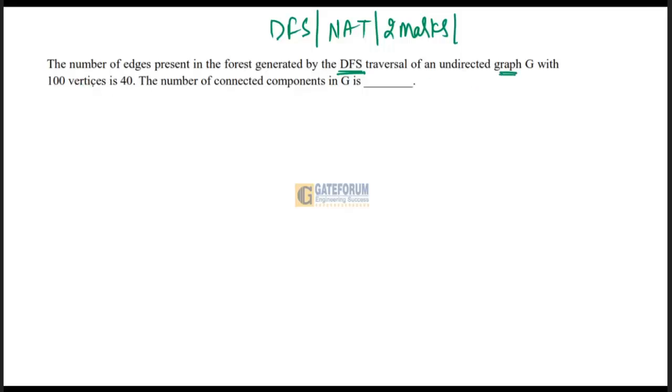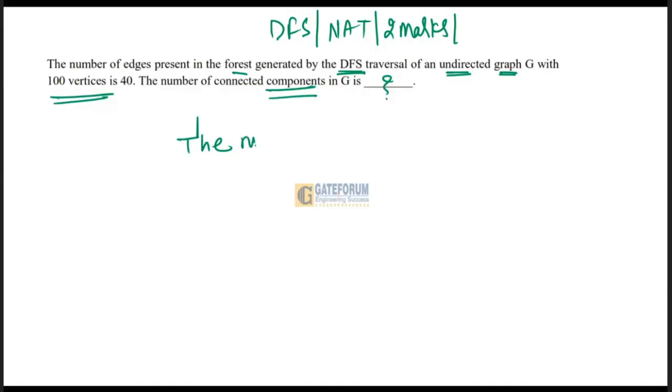If you see the question: the number of edges present in the forest generated by a DFS traversal of an undirected graph G with 100 vertices is 40. The number of connected components in G is how much? Again, it is a very easy question asked by GATE, because there is a direct formula that I can write.